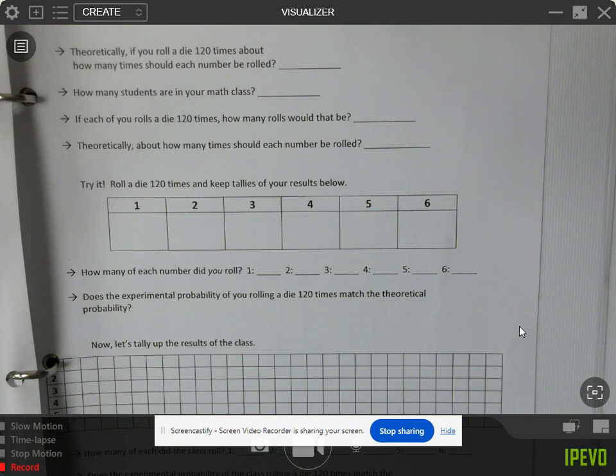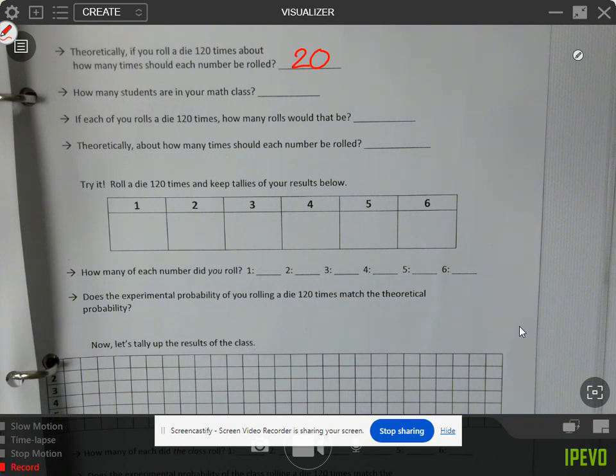Melanie, 20. Okay, so that 120 times I roll, 20 of those times I'm going to roll 1. 20 I'll roll a 2. 20 times I'll roll a 3. 20 times I'll roll a 4. 20 times the 5 and 20 times the 6.